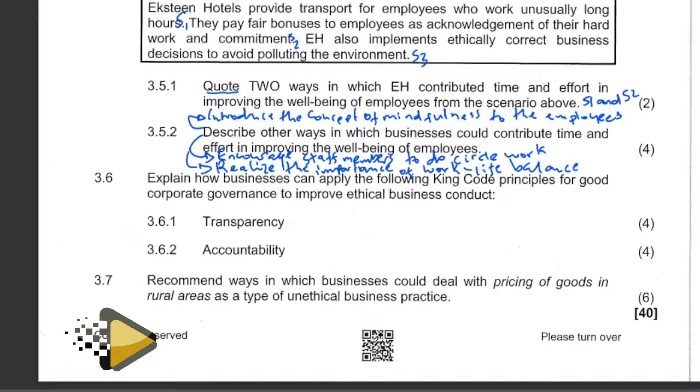So now, under transparency, we are going to start with transparency. Under transparency, decisions must be clear to all stakeholders. When we talk of the stakeholders, we refer to each and every person who forms part of that business. We refer to the owner of the business, whether the owner is there in the business on a daily basis.